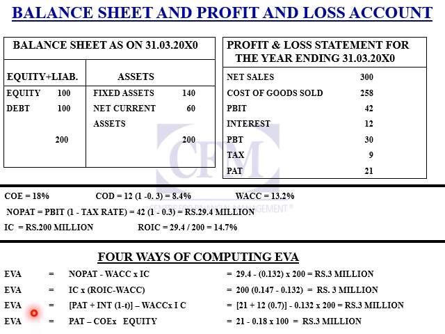Third calculation, EVA is equal to profit after tax plus interest into 1 minus T, minus weighted average cost of capital times invested capital. Profit after tax is 21 million, interest is 12 million, 1 minus tax is 0.7, minus 0.132 times 200.